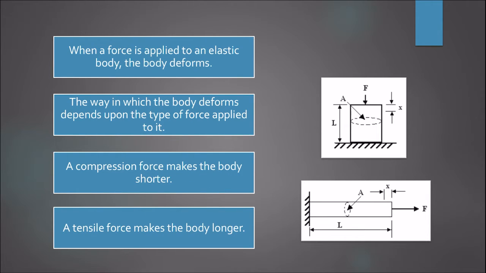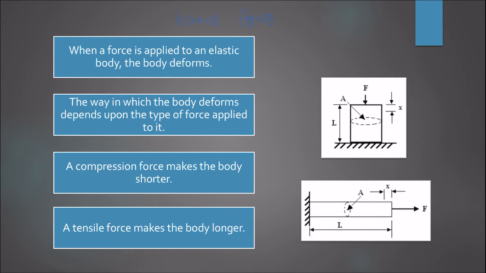Then we look at, okay, when a force is applied to an elastic body. This one we are talking about normal force, where we have compressive force and tensile force. When a force is applied to an elastic body, the body deforms. The way in which the body deforms depends upon the type of force applied to it.